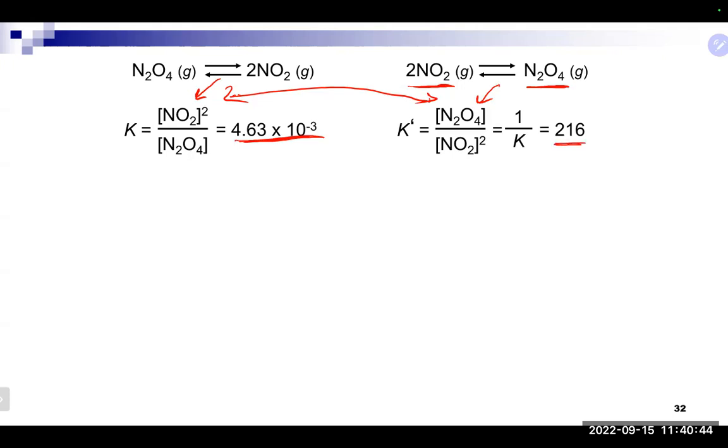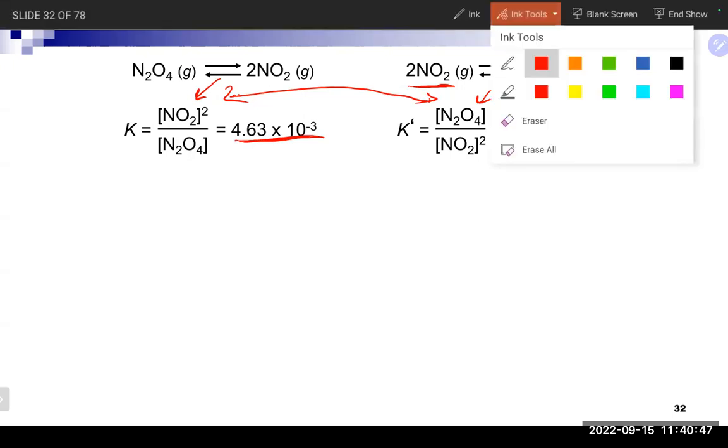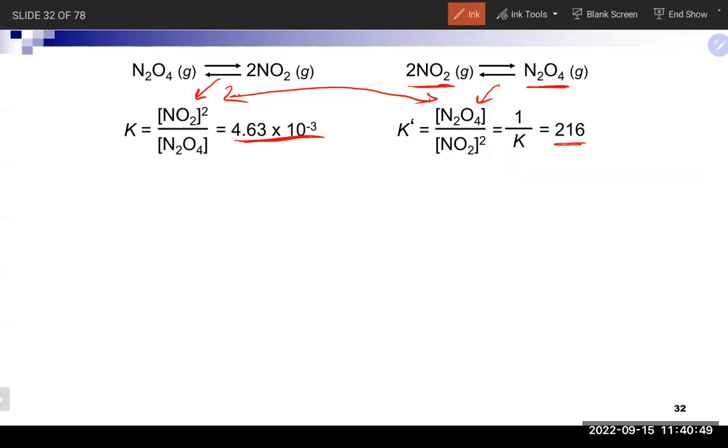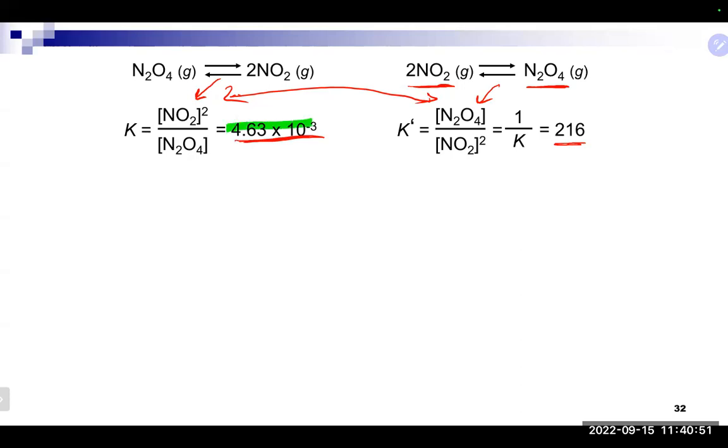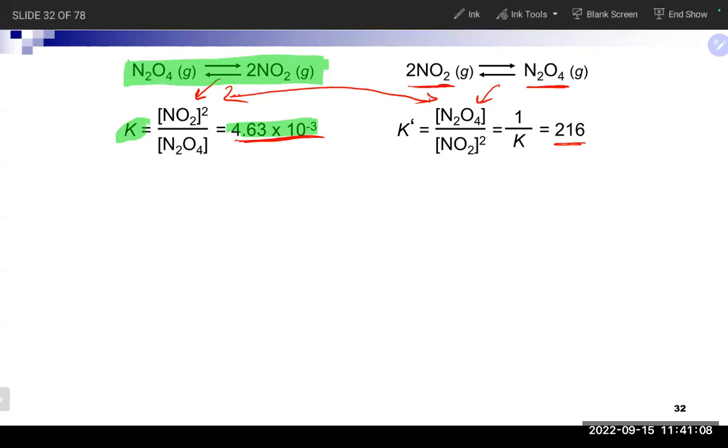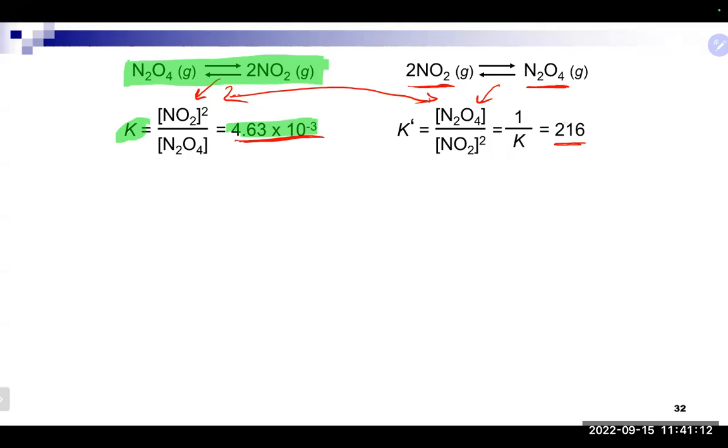It is important to note that when you see values for the equilibrium constant, like for example this value here, it is specifically for exactly how that reaction is written, with the N2O4 being our reactants and the NO2 being our products. If you were to state the equilibrium expression for the one on the right, this number here would be the correct way to do that.